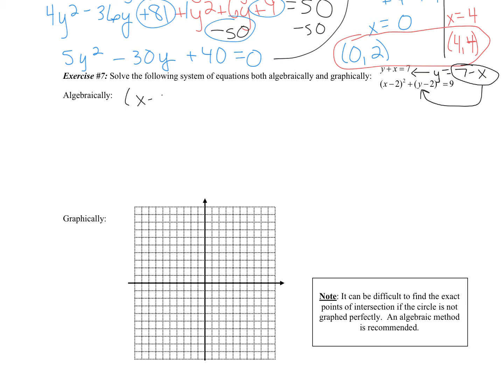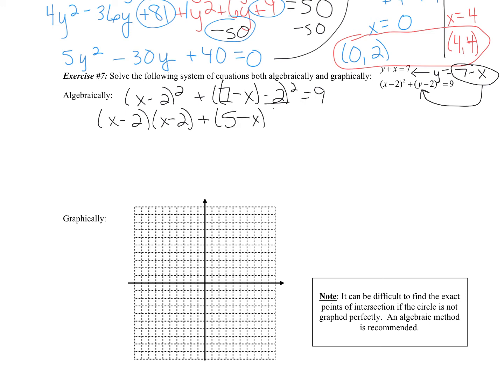So I have x minus 2 squared plus 7 minus x minus 2 squared, plug this in, equals 9. Writing these out and combining at the same time, 7 minus 2 is 5. So this is 5 minus x times 5 minus x.